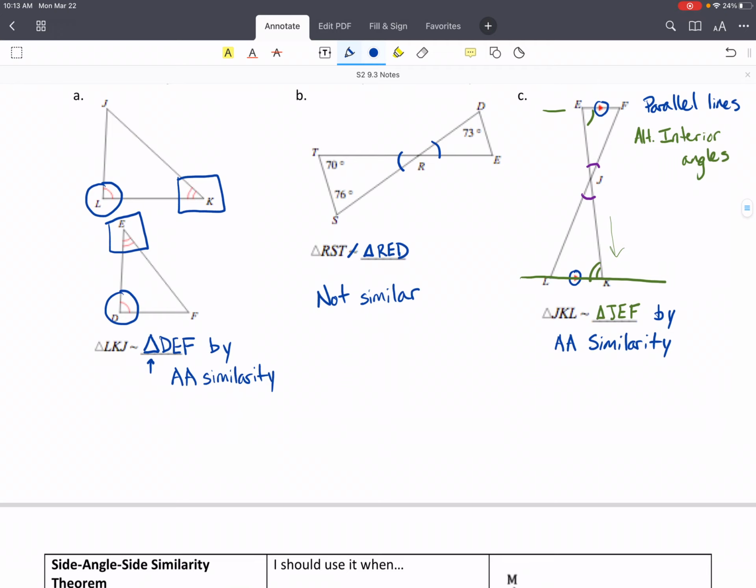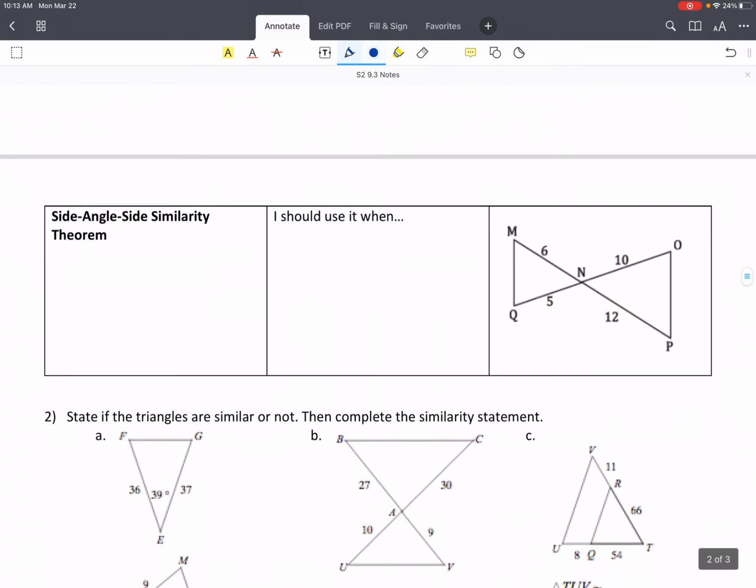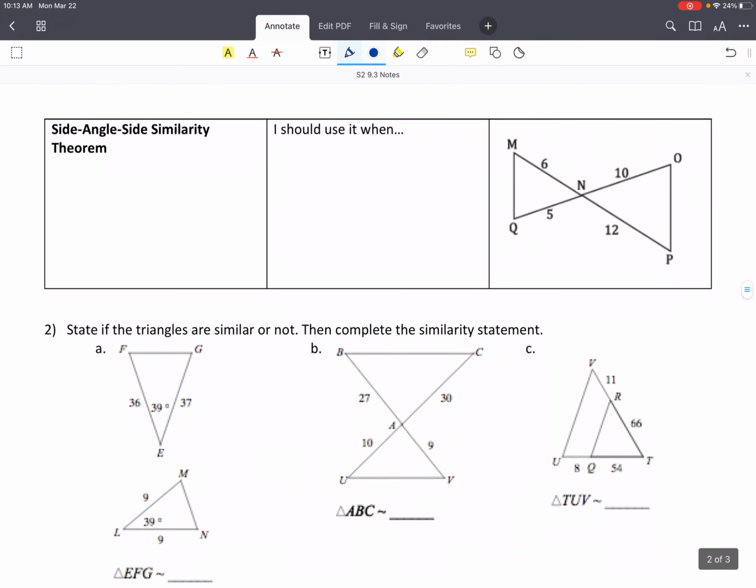There we go. Okay. The next we have side angle side similarity.